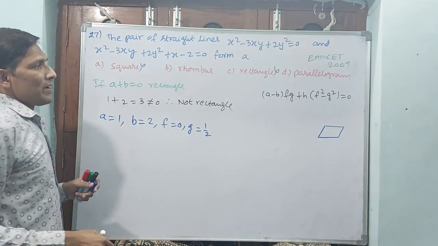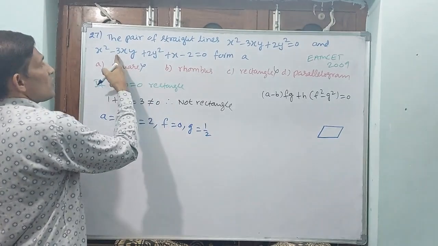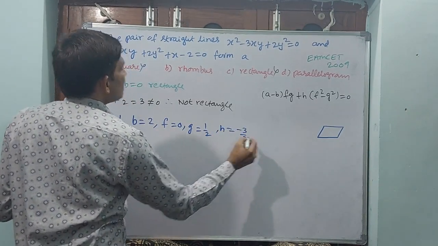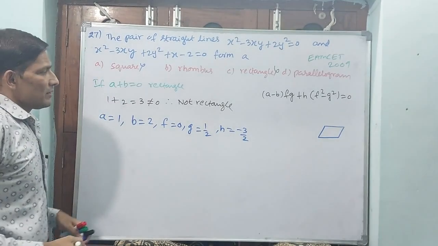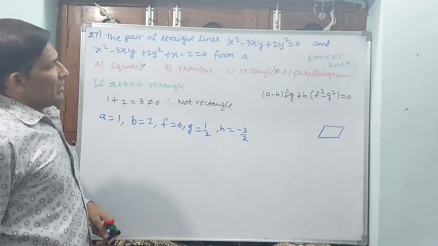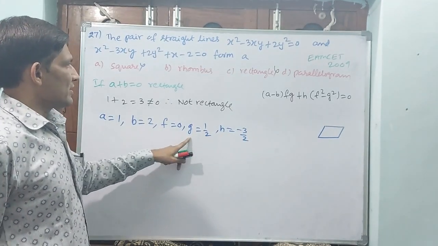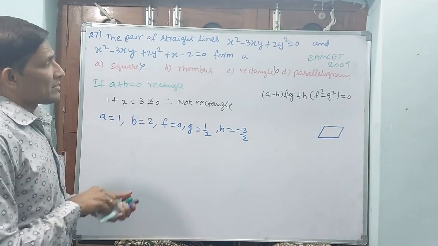H is there? Yes, H is there. 2H is minus 3, H is equal to minus 3 by 2. F already written, H written, G written, that's all. Now let us substitute in this.